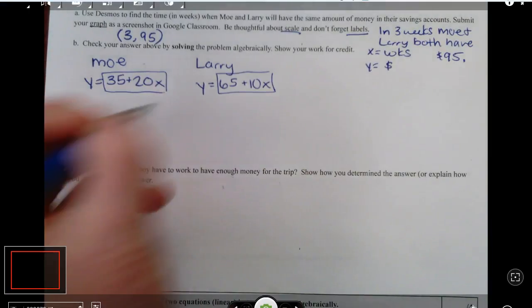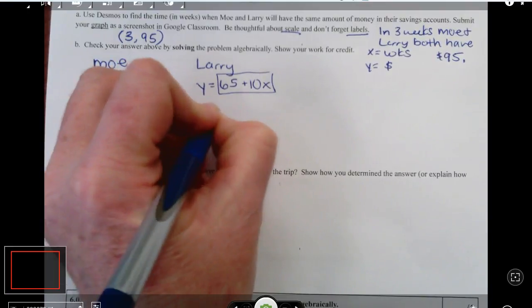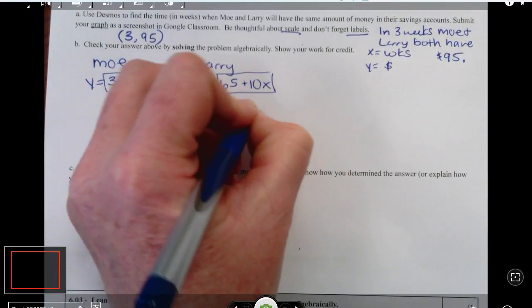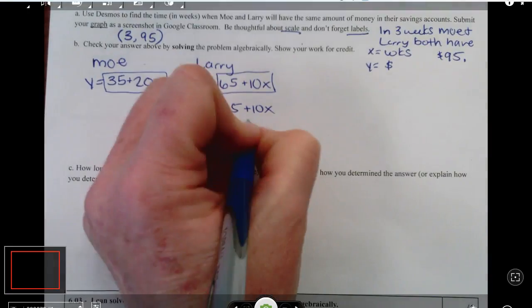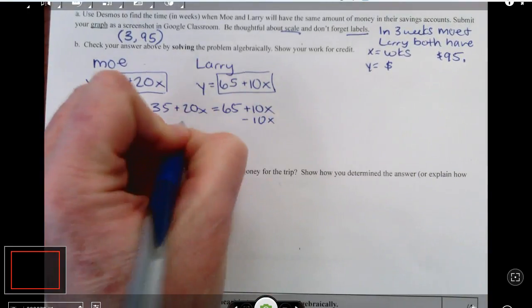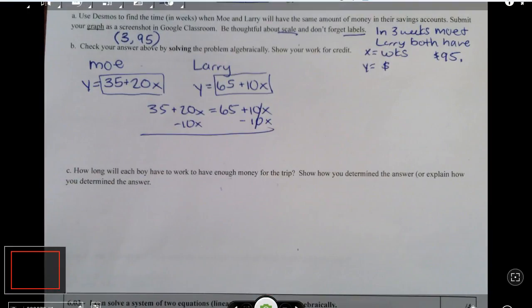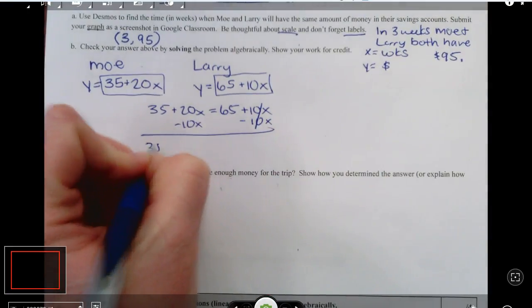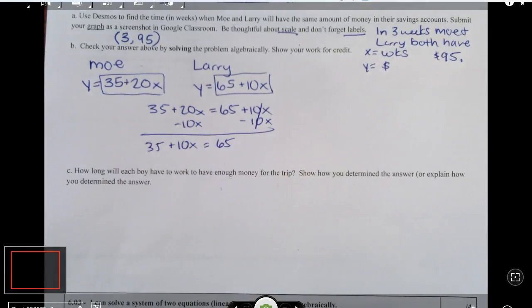Using the equal values method, we're going to take 35 plus 20x and set it equal to 65 plus 10x. And we're going to try to isolate x on one side. Subtract 10x, so I get 35 plus 10x equals 65.